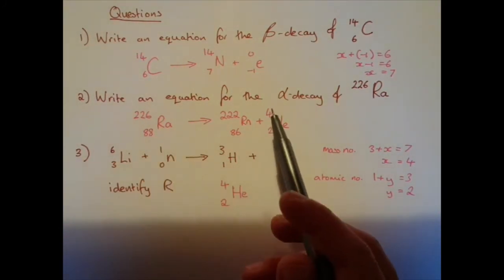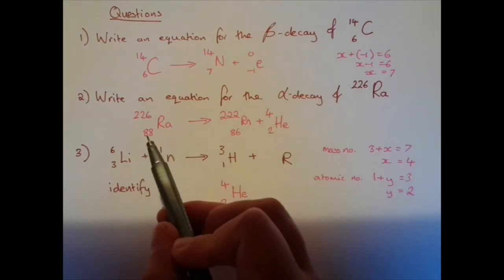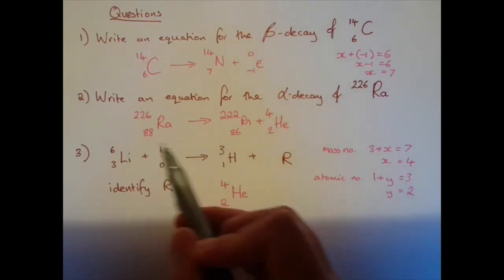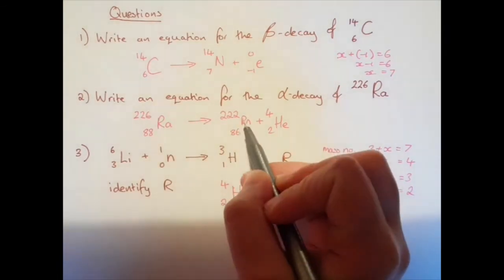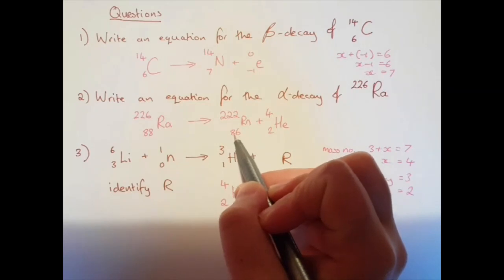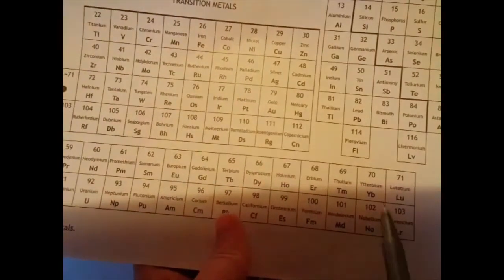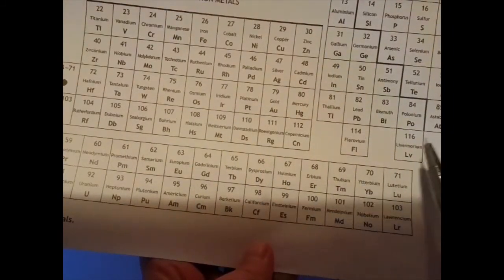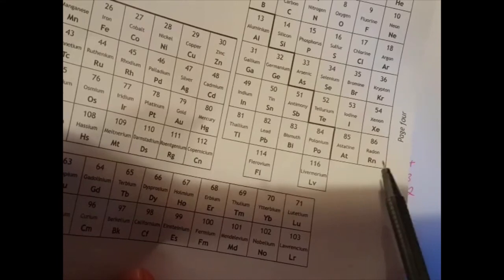It's alpha decay, so I'm losing 4 2 He. I'm losing an alpha particle. My atomic number is going down by 2. Mass number is going down by 4 in the product nucleus, and therefore if it's got the atomic number 86, again you're just looking for atomic number 86 in the periodic table, which is over here, and that tells us the product is radon.